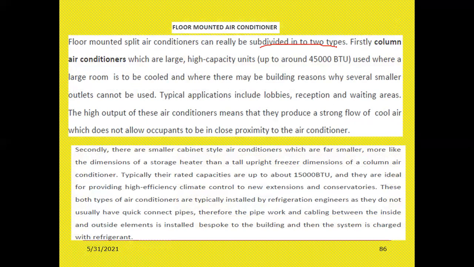The high output of these air conditioners means that they produce a strong flow of cool air. So the applications where we are using this floor mounted type are lobbies, reception areas and waiting areas. The high output of these ACs means they produce a strong flow of cool air, which does not allow occupants to be in close proximity to the air conditioner.